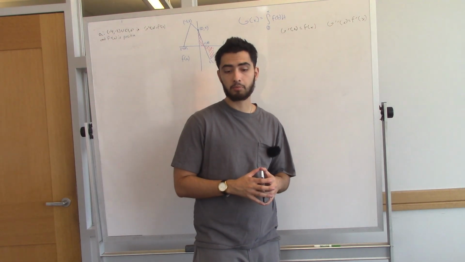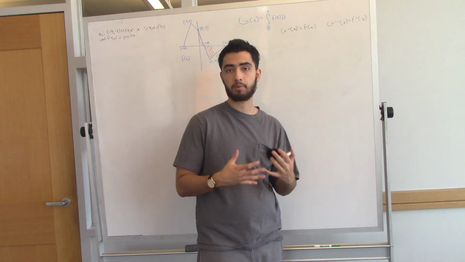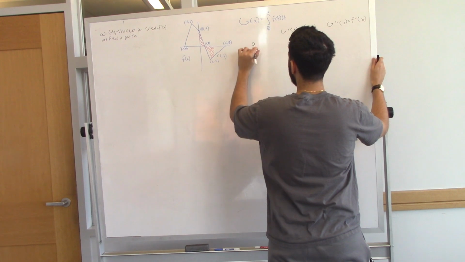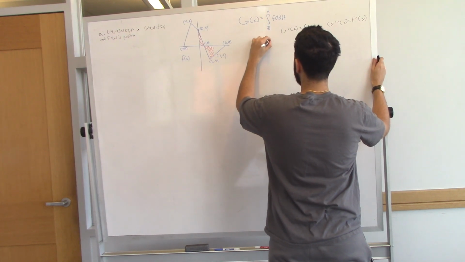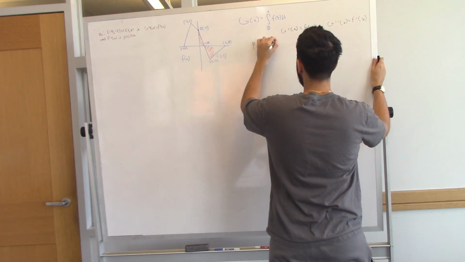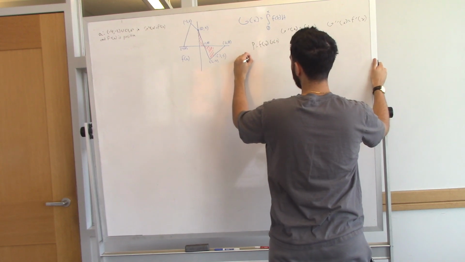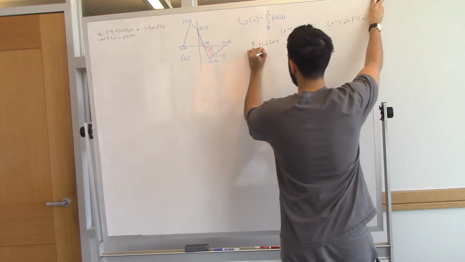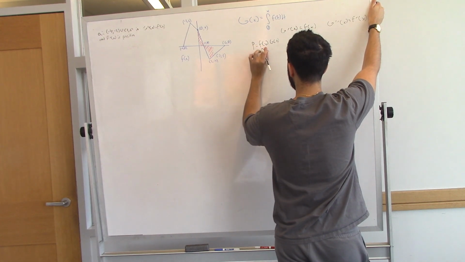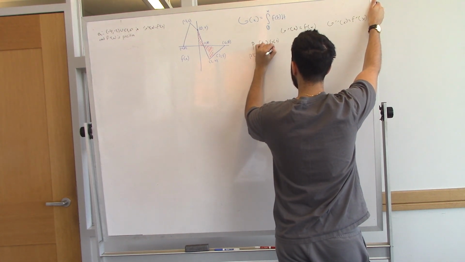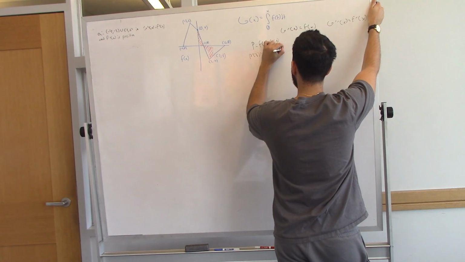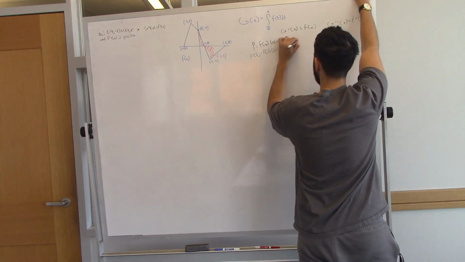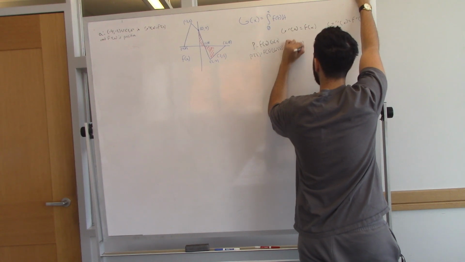Alright, now for part B, we're told that p is a function such that p is g of x times f of x, right? And we are asked to find the derivative of p at x equals 3, which is going to be left derivative of the right, so f of 3 times g prime of 3, plus right derivative of the left, g of 3 times f prime of 3.